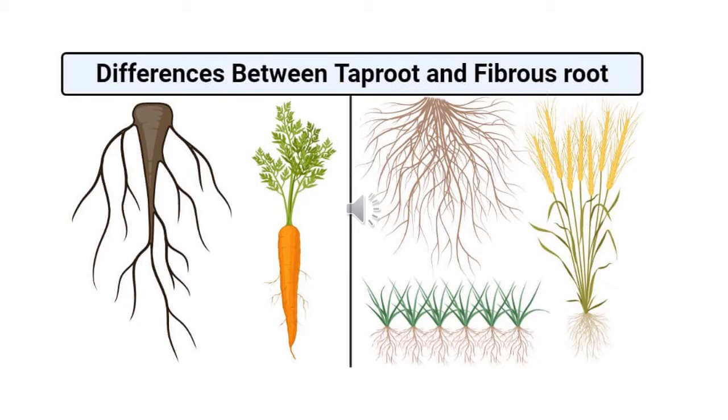On the other hand, a fibrous root is a bushy one that has many smaller roots. Majorly, a taproot is seen in carrot and radish. On the other hand, a fibrous root is seen in rice and wheat.